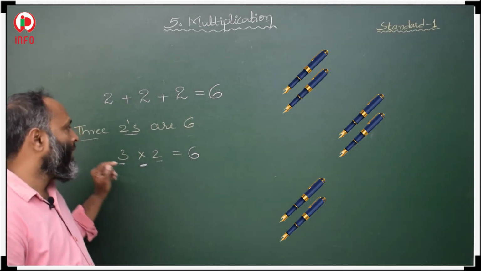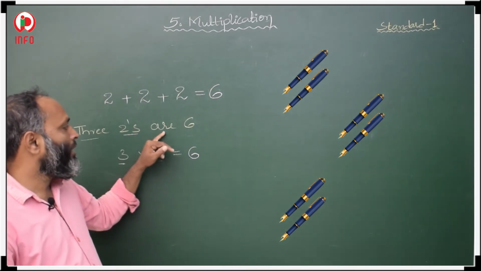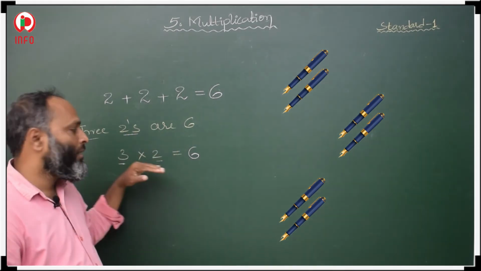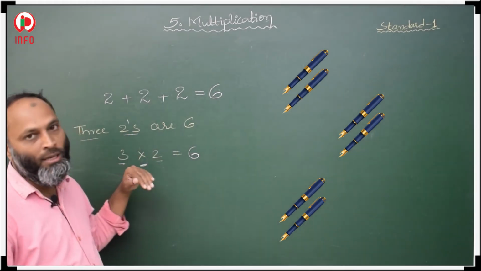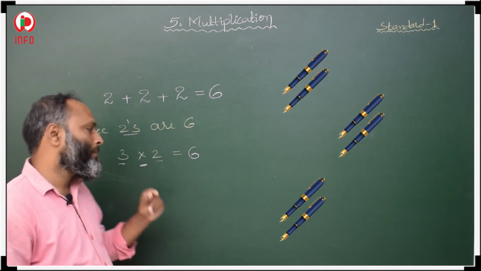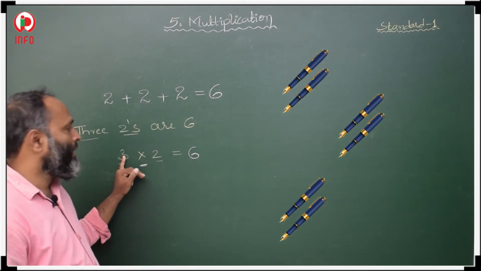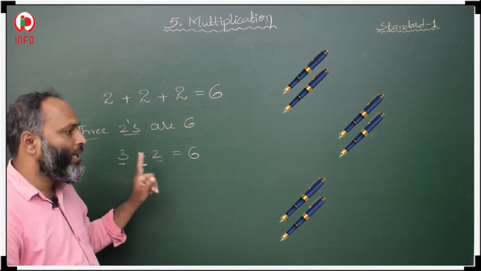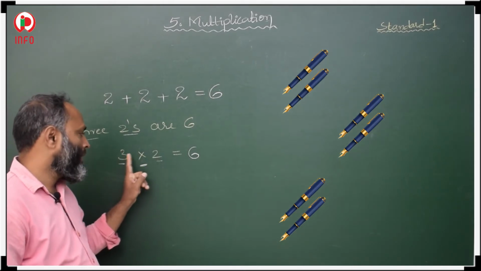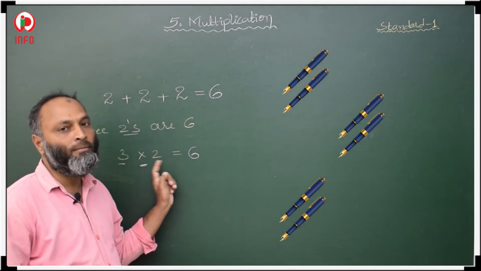After that, write it in words: 3 twos are 6. Then apply mathematically using the multiplication symbol. 3 groups were there. In each group how many pens are there? 2 pens. 3 twos are 6. This is our answer.